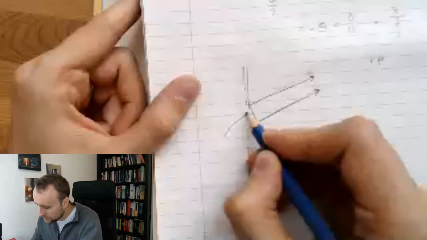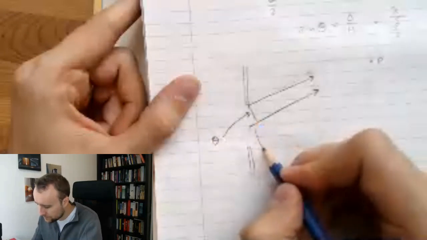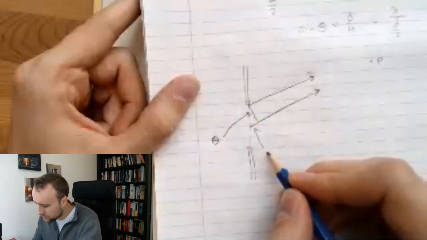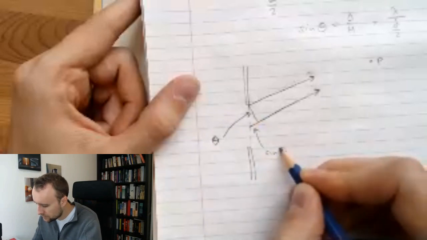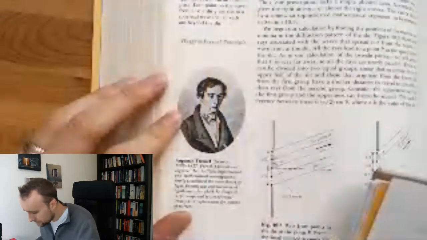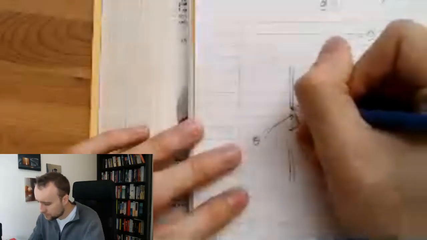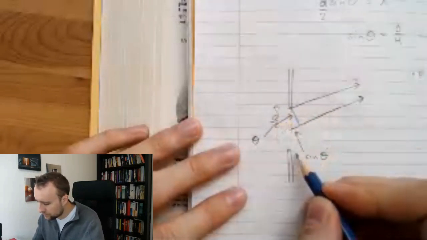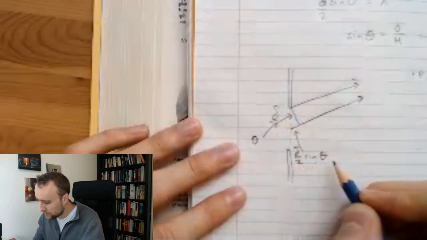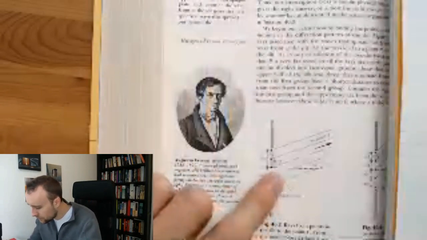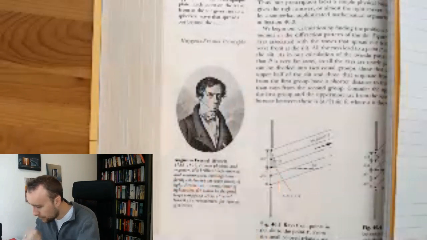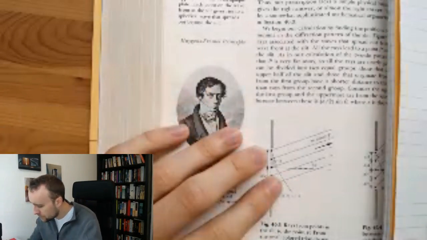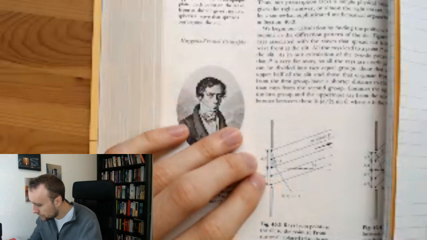So this right there is theta. This right there is obviously sine theta. This is our d divided by 2. So this is d divided by 2 sine theta. And d divided by 2 sine theta.